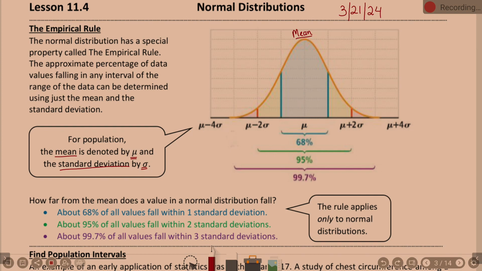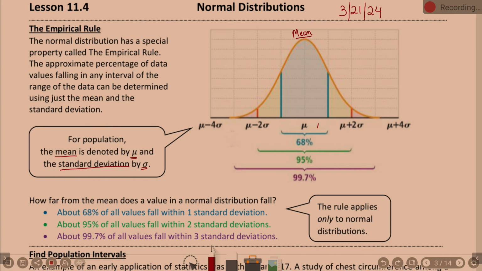Each of these lines represents a standard deviation. They don't have every one labeled, but if you look up on mine, the first set of lines is blue. When you go out to those blue lines, that is adding one standard deviation to the right or subtracting one standard deviation to the left.